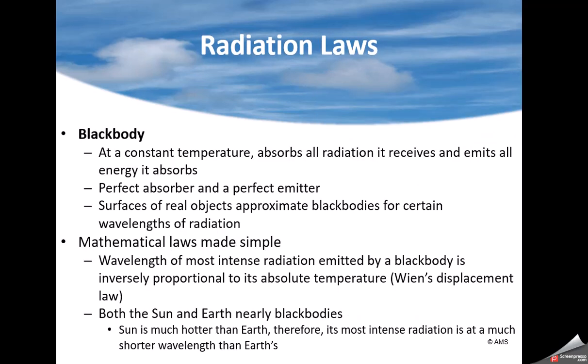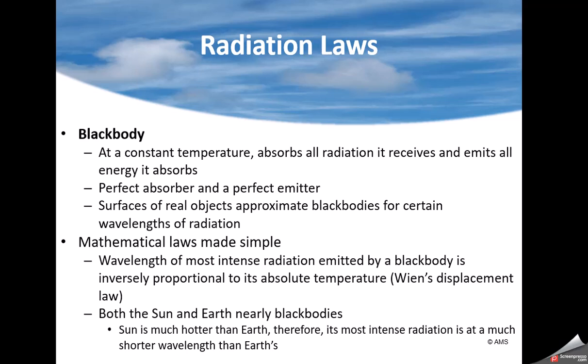In meteorology, we like to make things as simple as possible. They're not simple, but we like to assume that everything is a black body. Well, what does that mean? That means that every piece of energy coming from electromagnetic radiation is either absorbed by whatever that object is or retransmitted away.